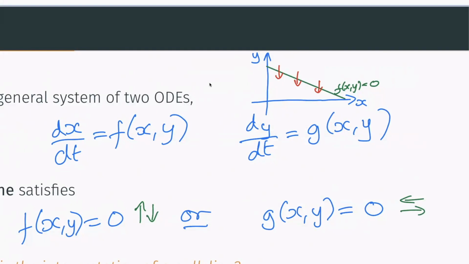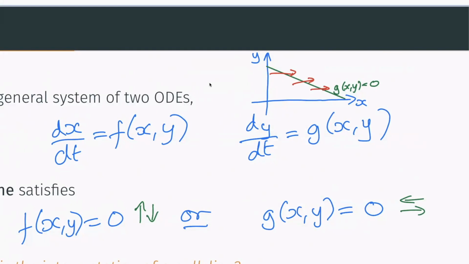There's no horizontal component in this example. If instead this was a nullcline where g(x,y) = 0, then there's no change in y. That means we have to be moving left or right, so we could only be moving in the horizontal direction as we pass through this nullcline, or as we move along it. We're only ever moving left or right.